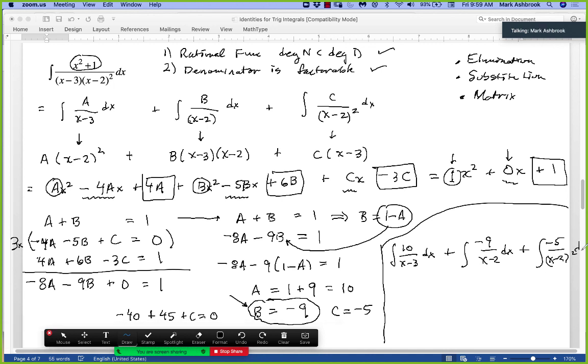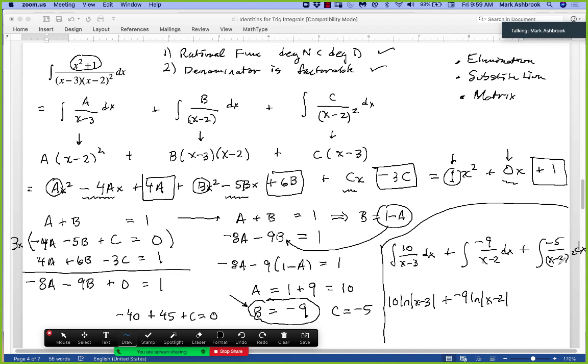So we got 3 antiderivatives now to do. What's this antiderivative here? 10 times natural log of x minus 3. This one is minus 9 times natural log of x minus 2. Why? Because this is to the first power in the denominator.